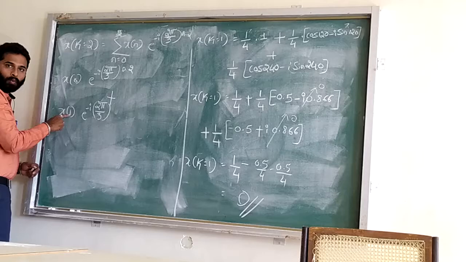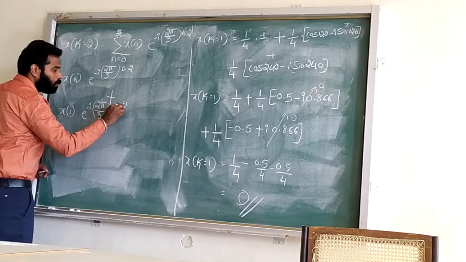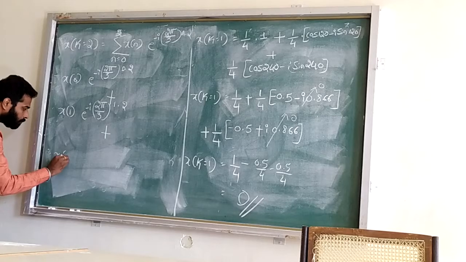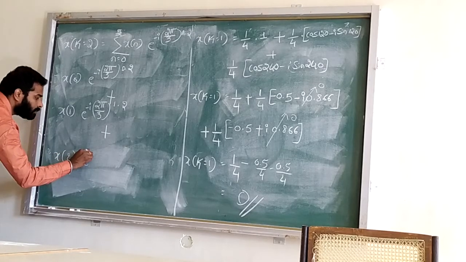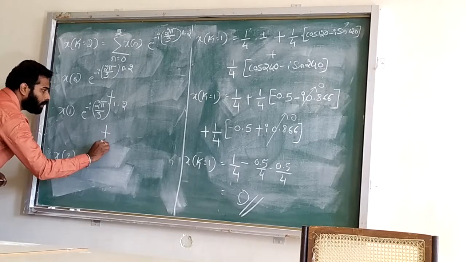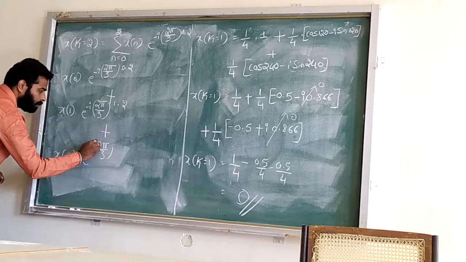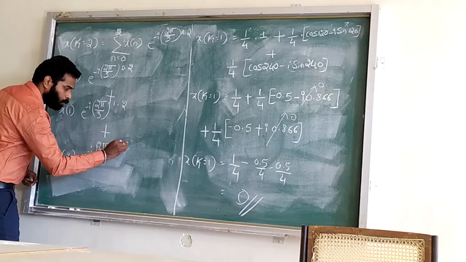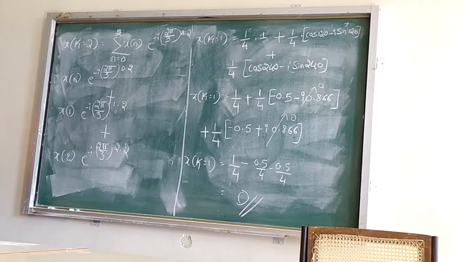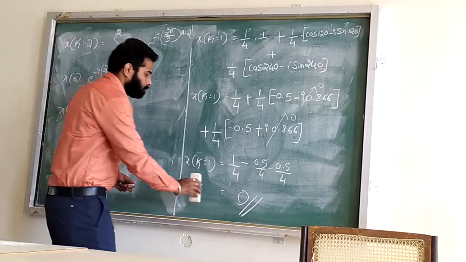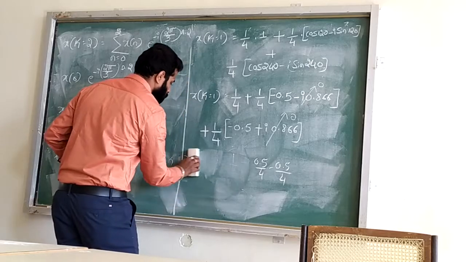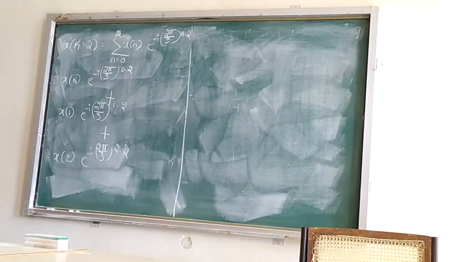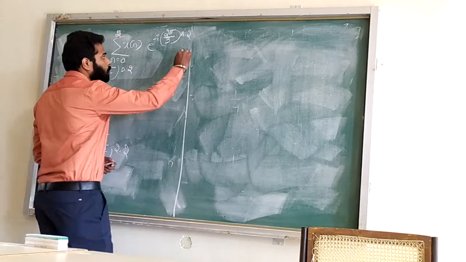Now n is equal to 1, into 2. Plus x of 2 e raised to minus I 2 pi divided by 3 into n into k. Now n is equal to 2, k is equal to 2, into 2. Okay, now x at k is equal to 2.